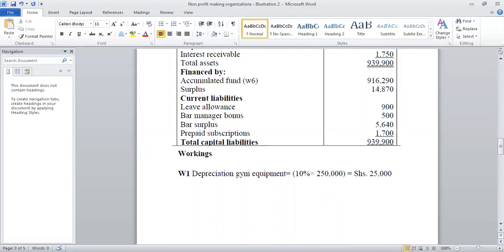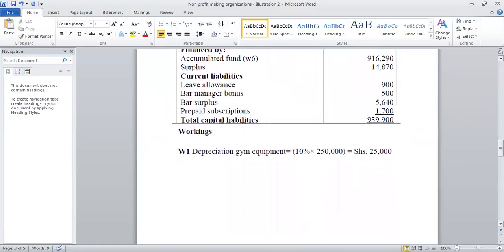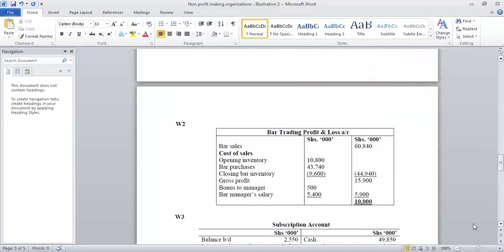Another thing that we are supposed to do as a working is to get the net profit from the bar trading.